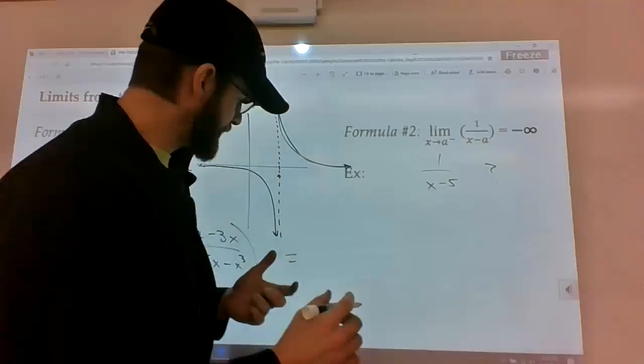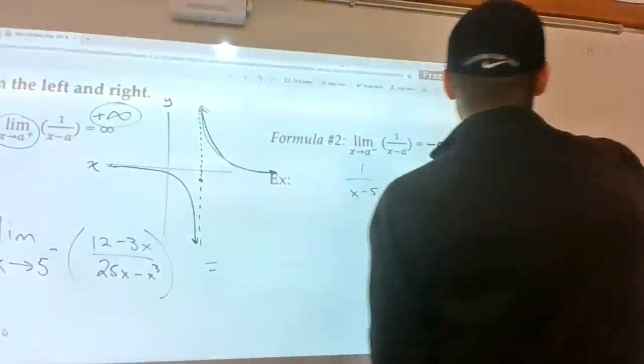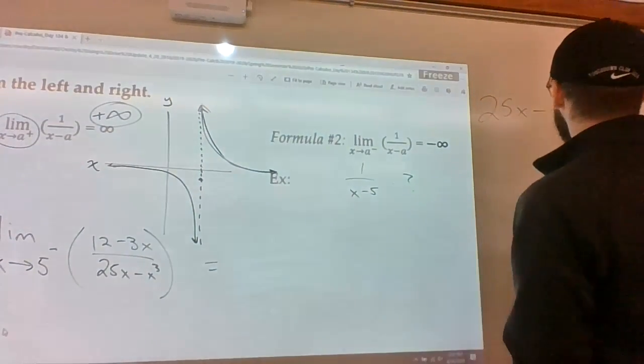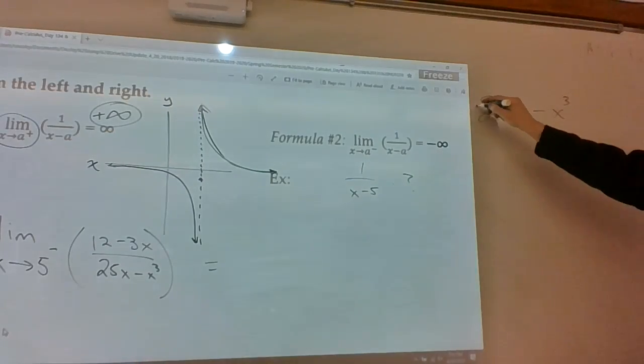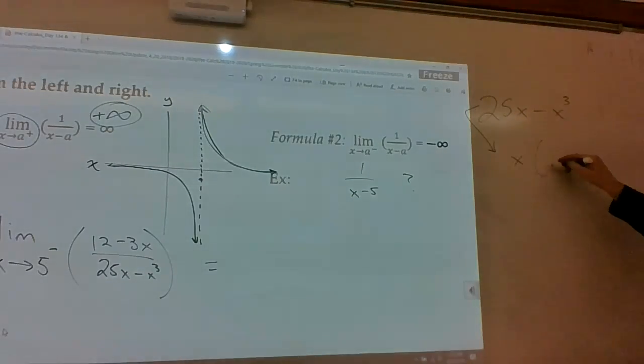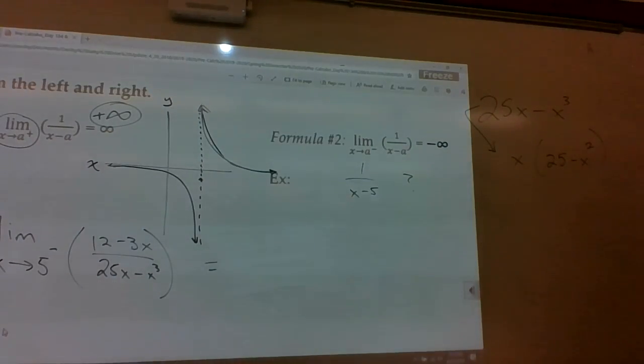Let's just do some scratch work off to the side here. You can take out an x. You can also factor this by difference of squares.